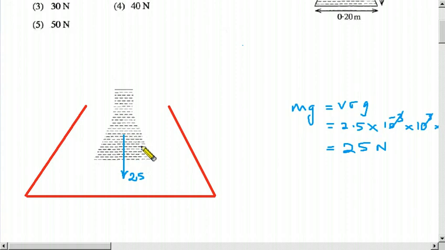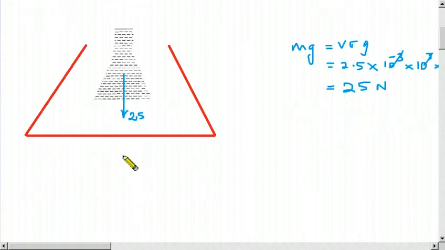To keep this amount of water without dropping, we have to give an opposite force equal to 25 Newton. Otherwise we can't keep this amount of water without dropping. So who is giving this force? To balance this 25 Newton, the flask must give that 25 Newton.